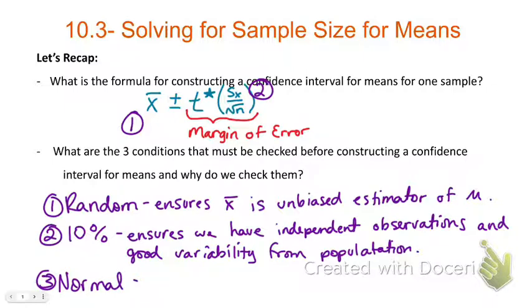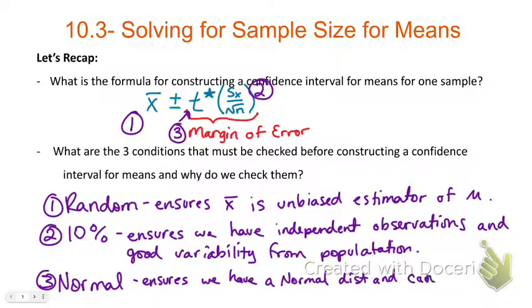And then the third condition that we check is the normal condition, and that has to do with the t star critical value. Now, why do we need to check normal for t star? This ensures we have a normal distribution and can use t.